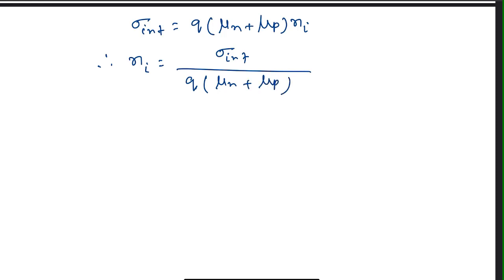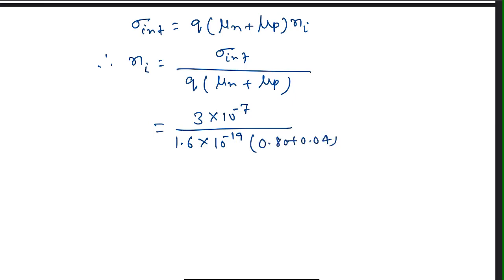The conductivity is given in the question as 3 into 10 raised to minus 7, divided by the Q value, 1.6 into 10 raised to minus 19 coulomb, and the mu n and mu p values are given: 0.80 plus 0.04. Whenever you solve this, you will get 2.232 into 10 raised to 12 per meter cube.